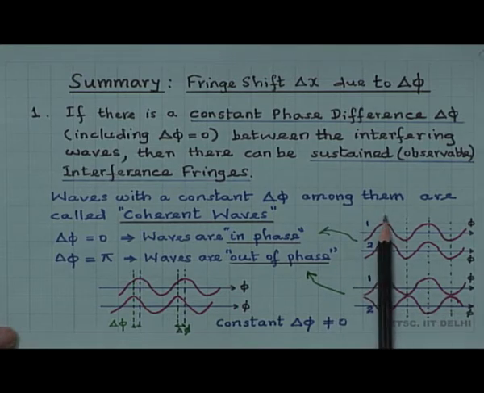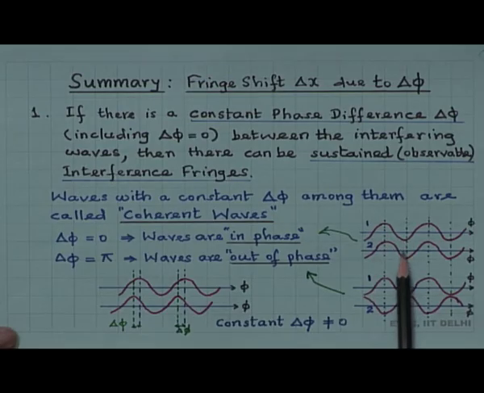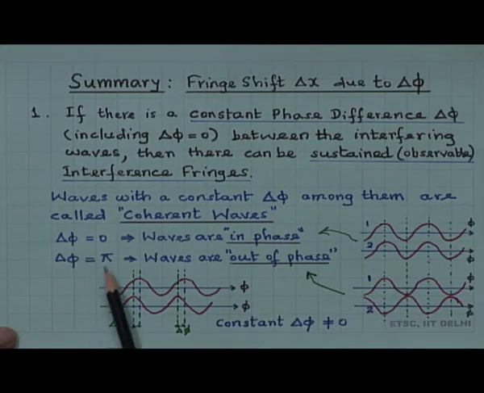The maxima are coinciding, the minima are coinciding, that is, crests and troughs come at the same time at any given position. If the phase difference delta phi is equal to pi, it is a constant, but it is pi, then the crest of one wave corresponds to the trough of the other wave at that point.